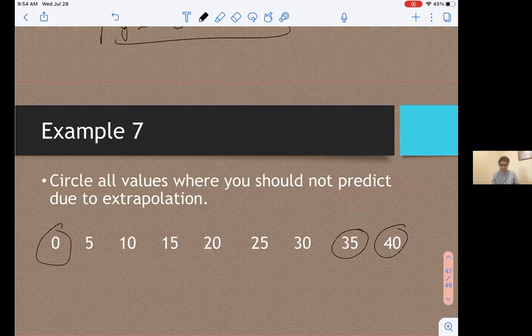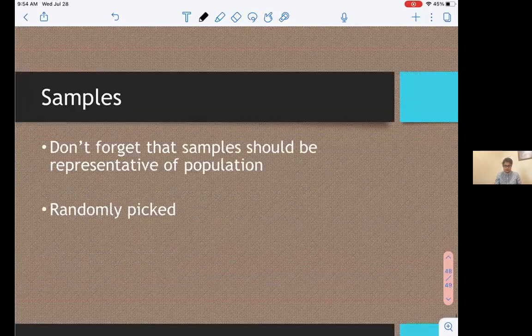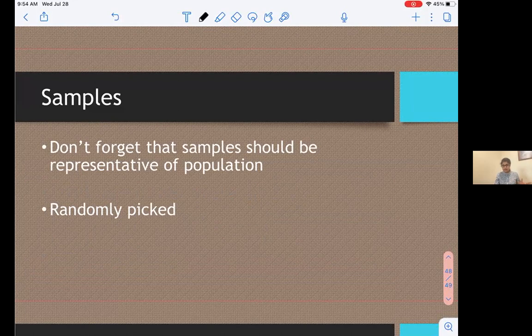So that's it. Here is the crux of this topic: the overall idea of statistics is that we want to predict something for the entire population.